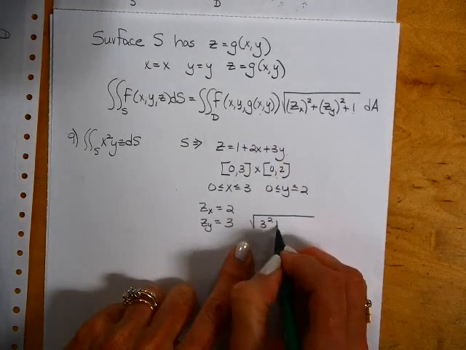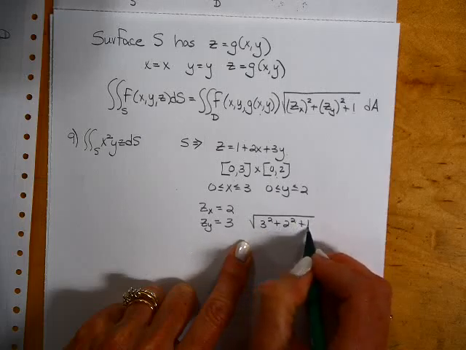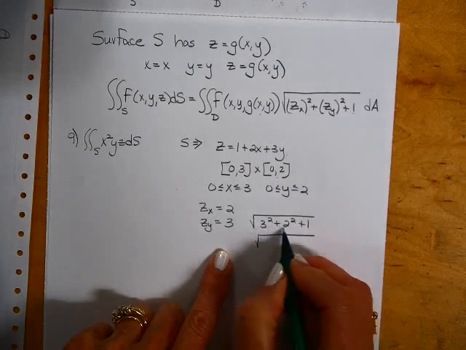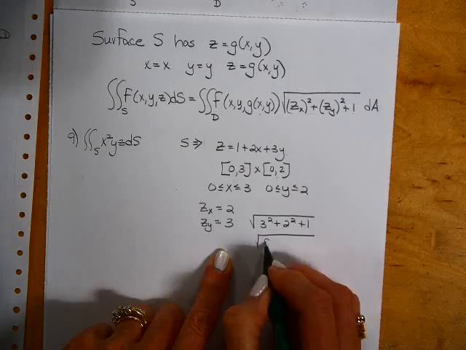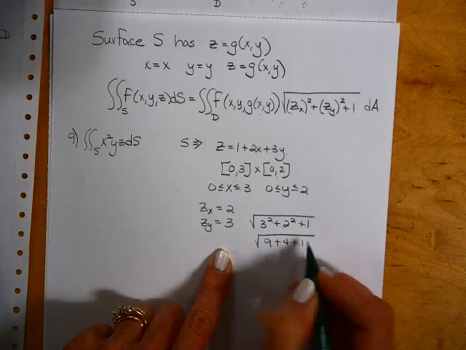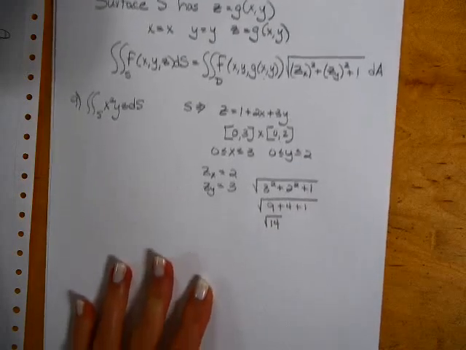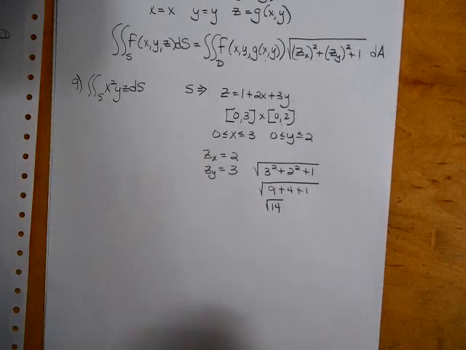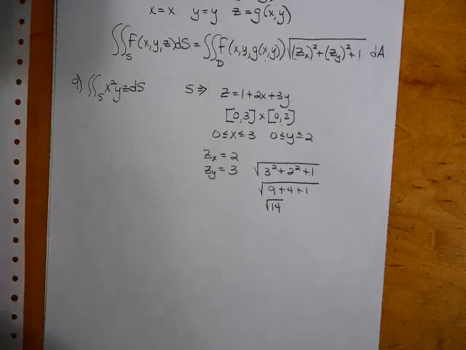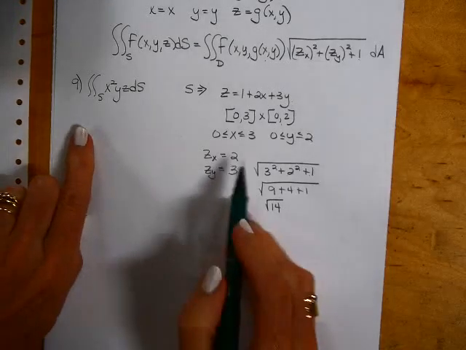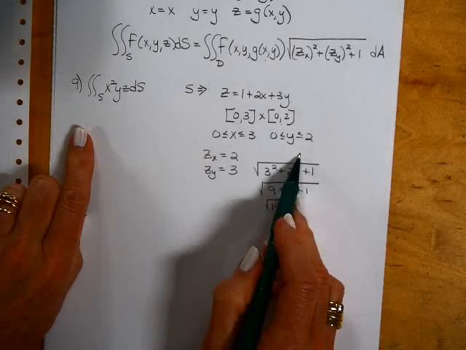You need 3 squared plus 2 squared plus 1. 9 plus 4 plus 1, which looks like it's the square root of 14. Okay. Then they gave us our limits of integration right here.